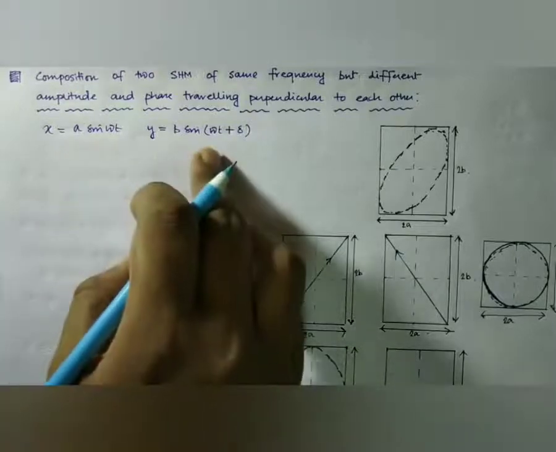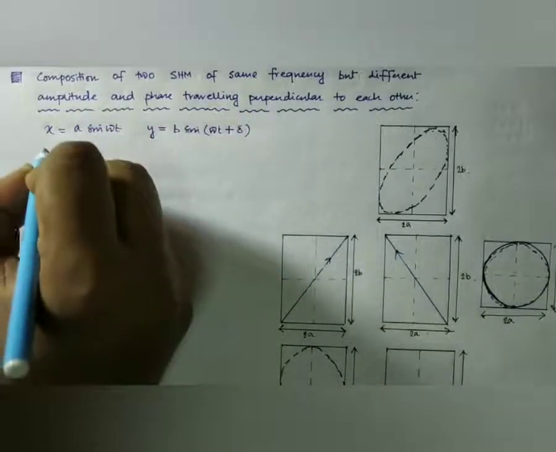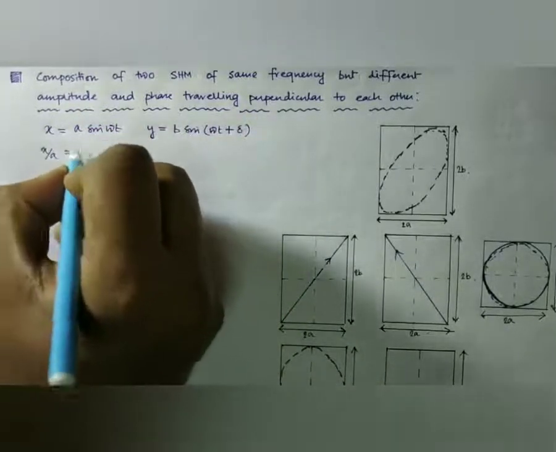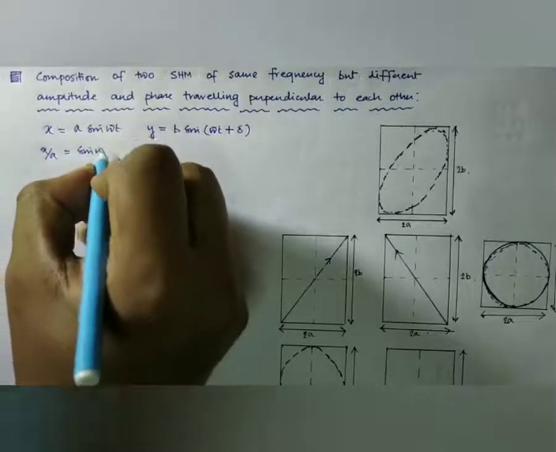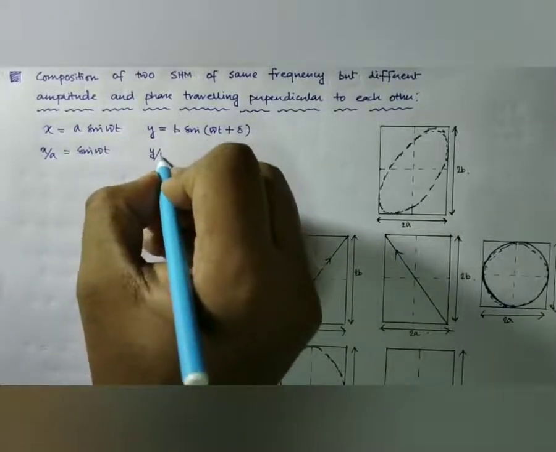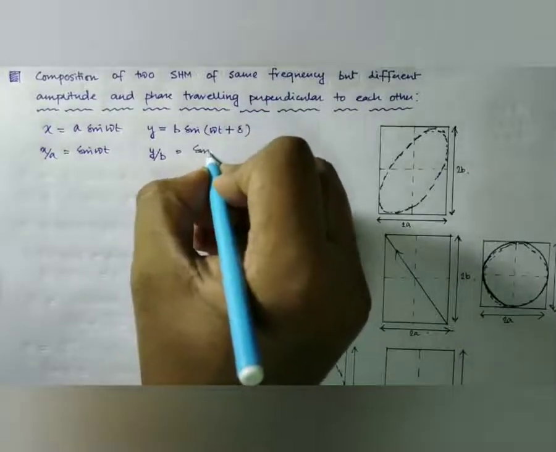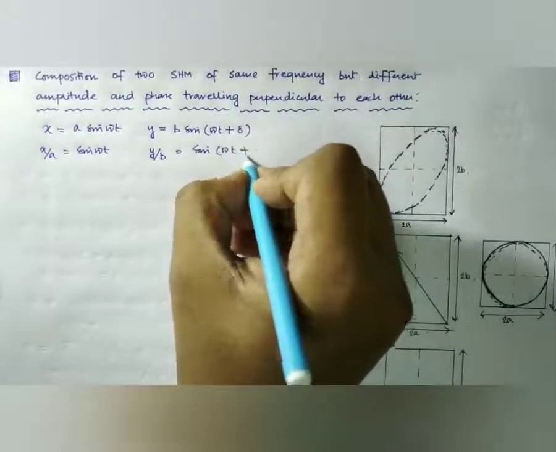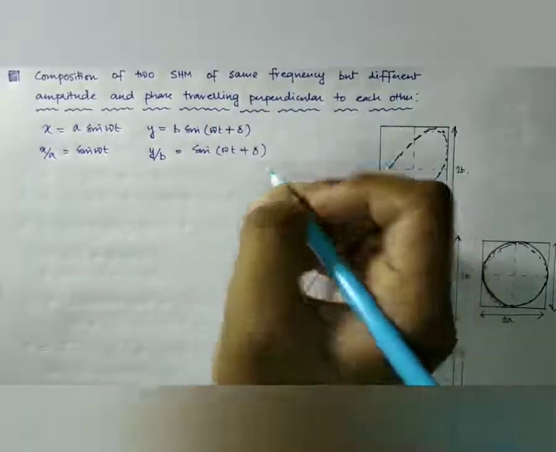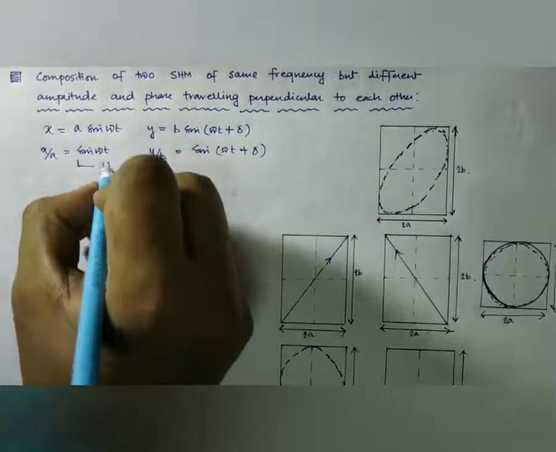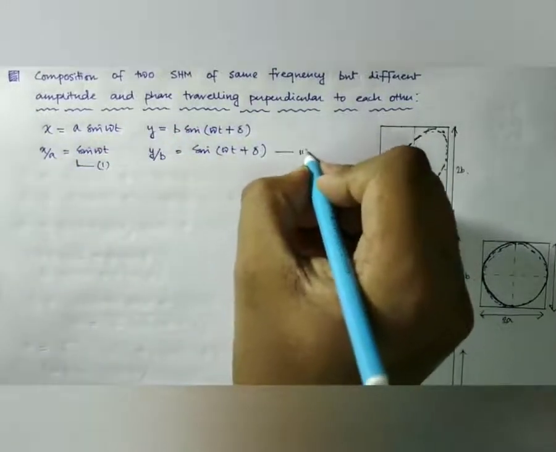Now from these two equations we have x by a is sine omega t and y by b is equal to sine omega t plus delta. Suppose it is number 1 and it is number 2.